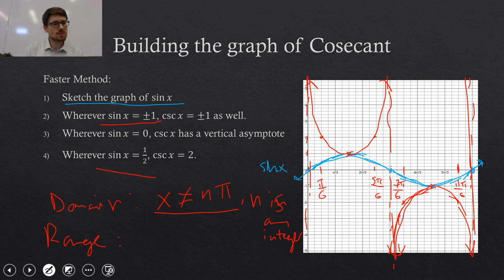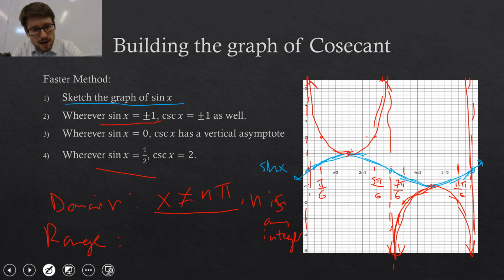And the reason why we're not going to get those values in between is because then the sine would have to be like 3 or 5 to have its reciprocal be between -1 and 1. And then we know that doesn't happen, right? So the range of the cosecant function is determined by the range of the sine function. We're never going to get sines of 5 or 10 or so forth. And so we're never going to get cosecants that are smaller than 1 or in between -1 and 1. So there's no graph in between those two y values.